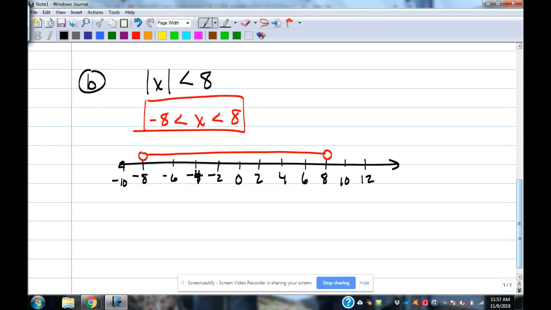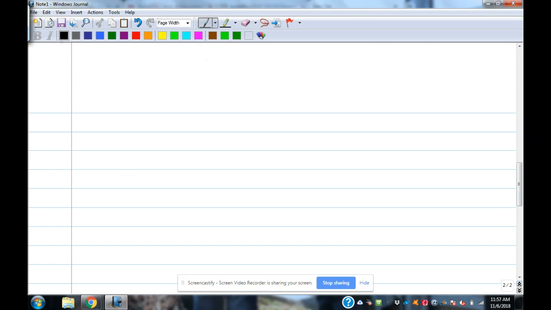Let's get to some where we actually have to do the work to get that inequality going. Let's say we had absolute value of 2x is greater than 10. The first thing you need to look at here is just like yesterday. If it's an absolute value problem, you need the absolute value part by itself. Is it by itself for this problem?